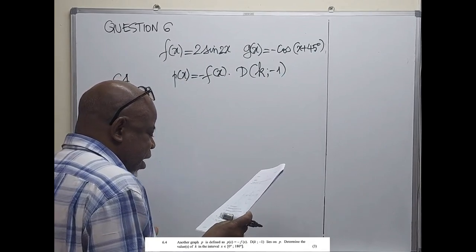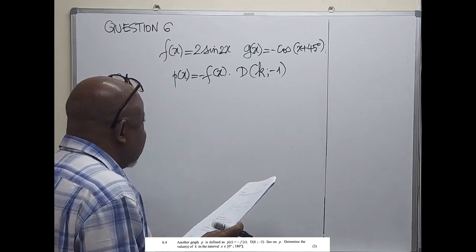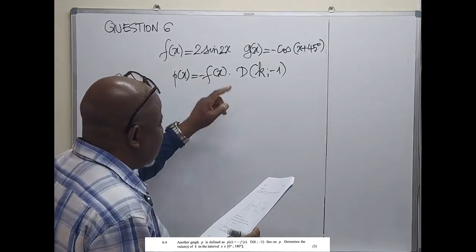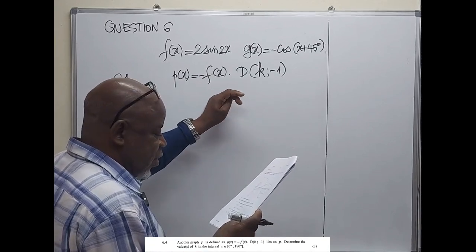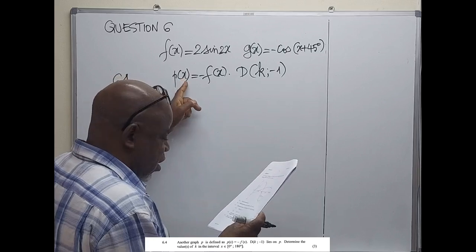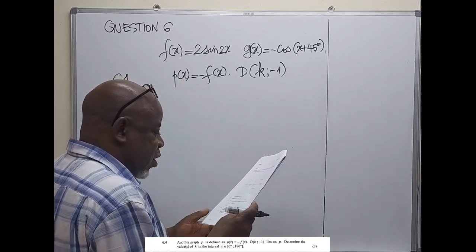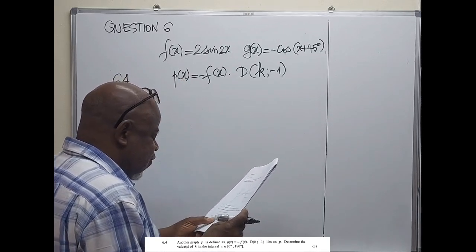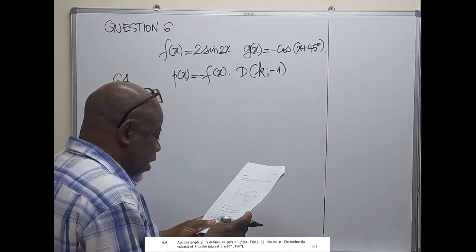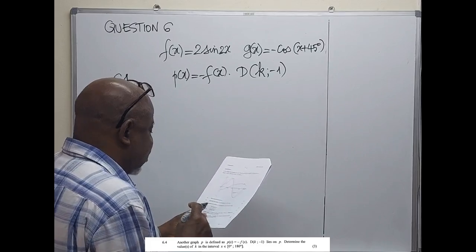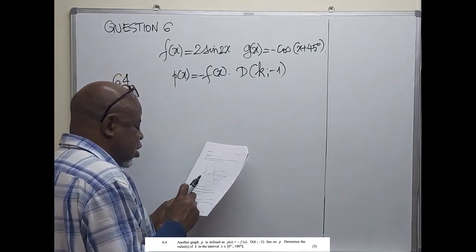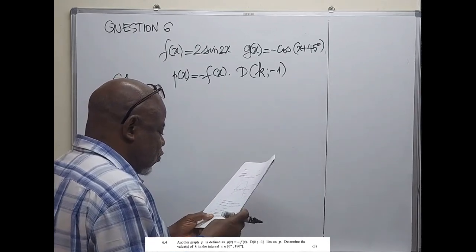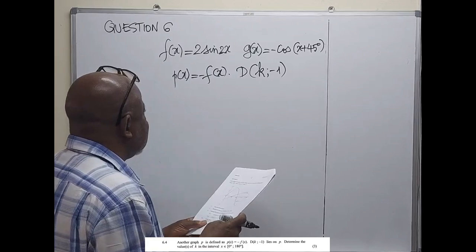So this is another graph p, defined as p of x equal to negative f of x, and the point D is on this other graph. The question is, determine the value of k in the closed interval x from 0 degrees to 180 degrees.